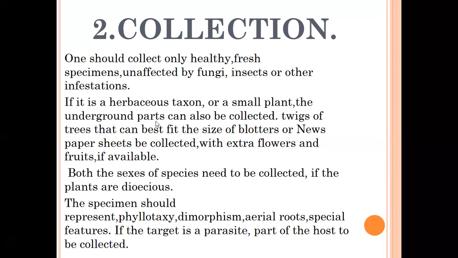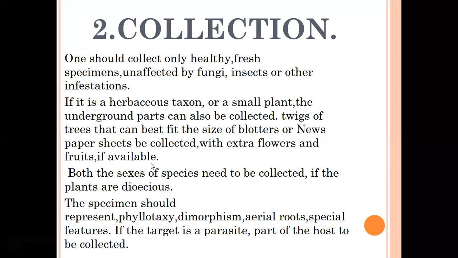The underground parts also can be collected. We collect twigs of big or large trees, which can fit in a blotter size or a newspaper sheet, with extra flowers and fruits if available on the plants.